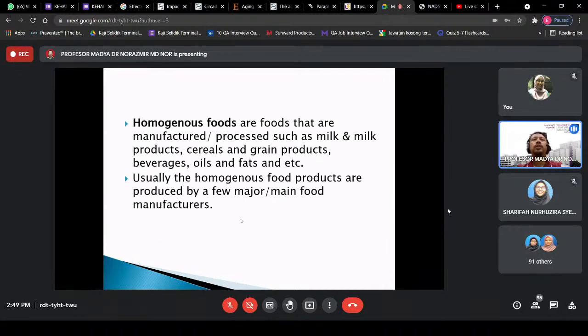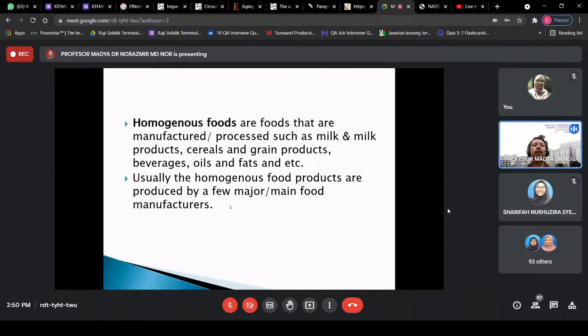So for homogeneous foods, actually the foods that are manufactured or processed, such as milk and milk products, that's homogeneous foods, the same category. Usually the homogeneous food products are produced by a few major food manufacturers.